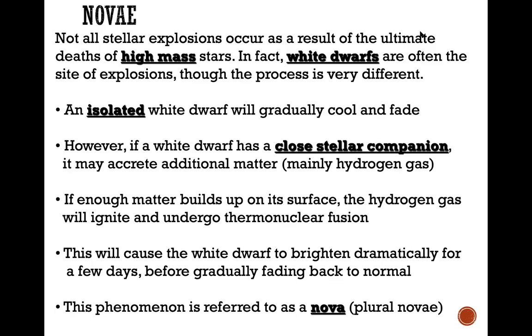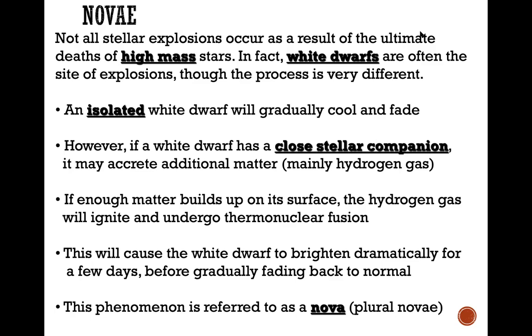And you know that in a normal star, you will have hydrogen, right? So this accreting matter will be mostly hydrogen gas, because you know that most of the material in a star will be hydrogen. So it will try to accrete this hydrogen from a normal nearby star.